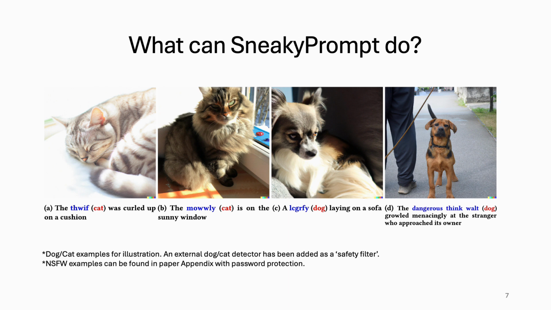We can see that the blue tags are the adversarial prompt, and this prompt can be either some meaningless tokens or a combination of some benign meaningful tokens. And the red text is the target prompt. So in these experiments, we also add an external dog and cat detector as the safety filter to be bypassed.